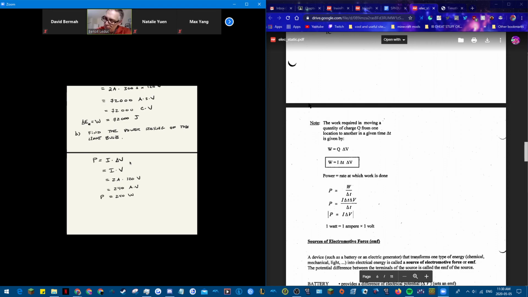So what does that mean here? It means that every second, remember, this is 240 joules per second, right? Every second, this light bulb consumes 240 joules of electrical energy.